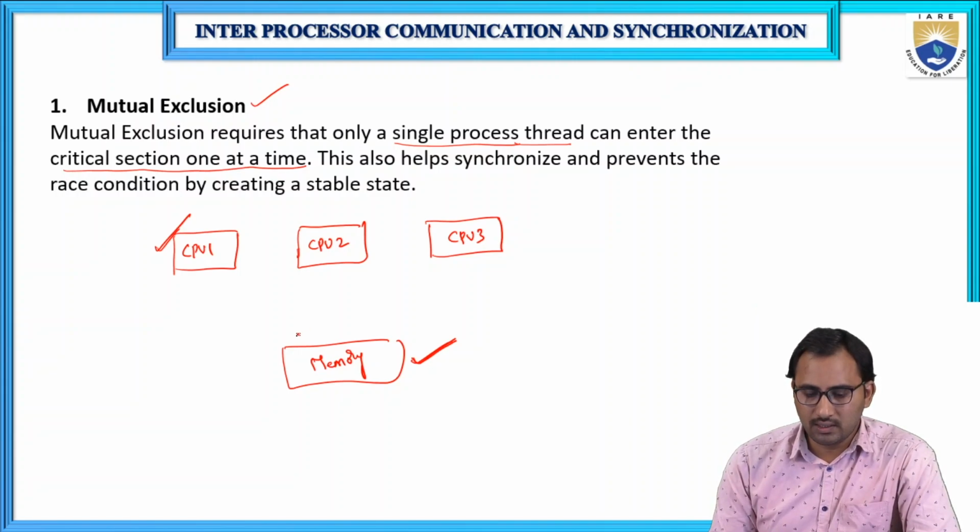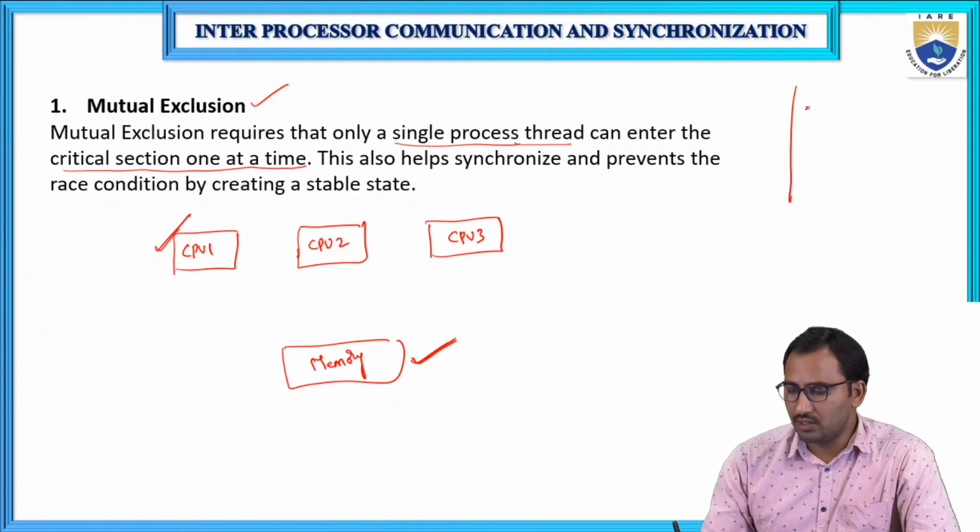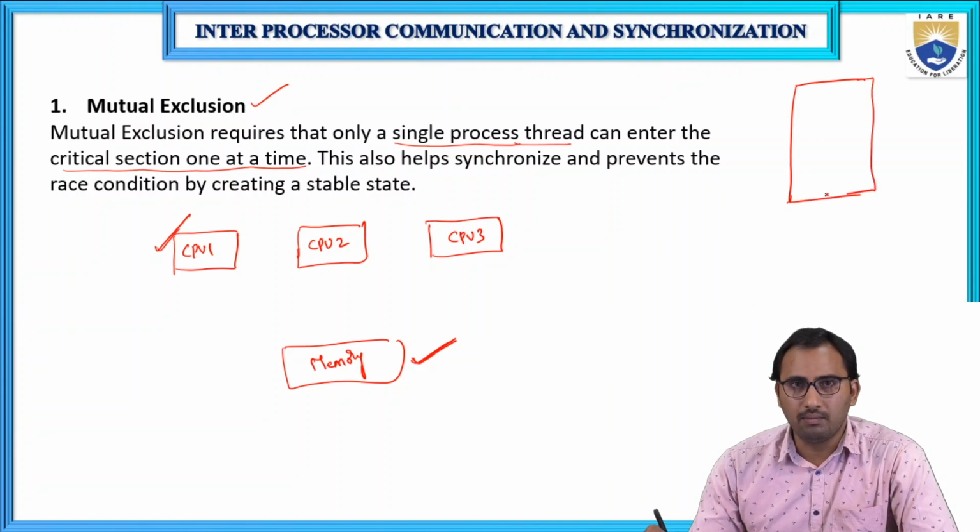And also you can see another way. Mutual exclusion requires that only a single process thread can enter into the critical section one at a time. So what is the critical section? We have a program.